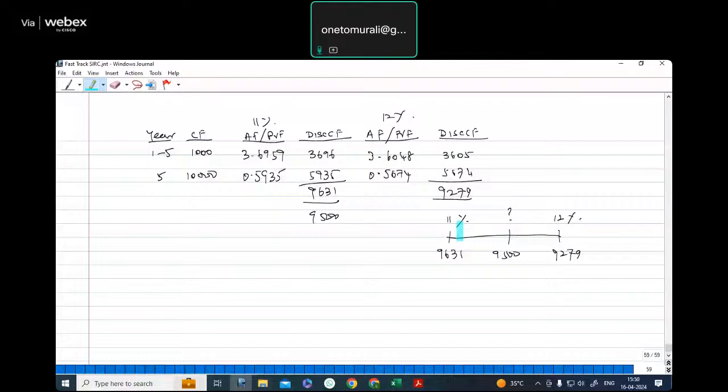Here the cash flow is going to be 11,000. The difference between the two is 1121, where the closing financial liability will be this much.